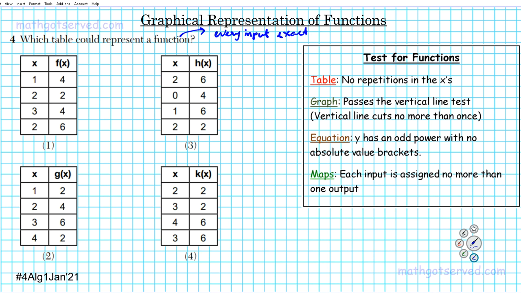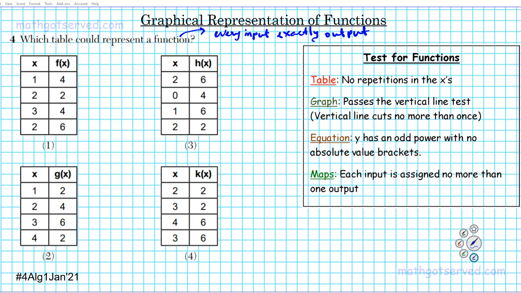So if you have a situation where an input is being assigned to two outputs, then that relation is not a function. Okay? You can have a situation where multiple inputs go to one output, that's fine, but every input has to go to exactly one output and no more.